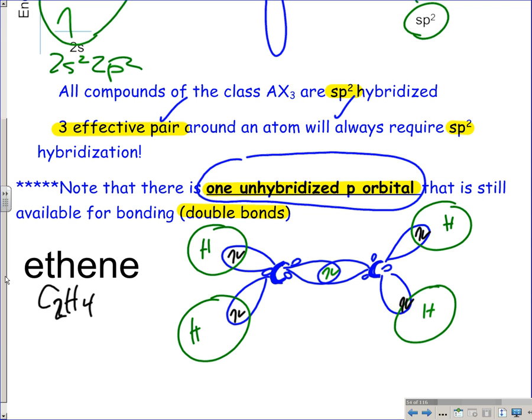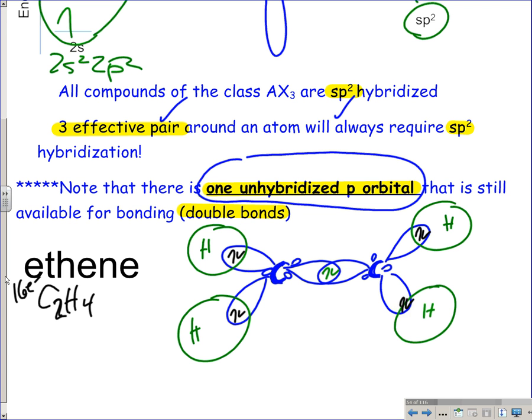Hold on, 4 and 4, plus 4 hydrogens, 16 electrons. So 2, 4, 6, 8, 10. The other ones are going to be in the unhybridized p orbitals.